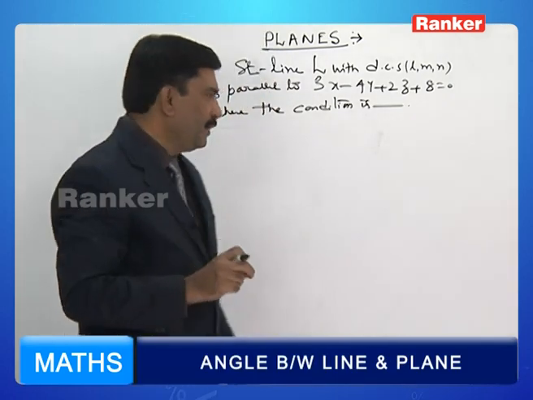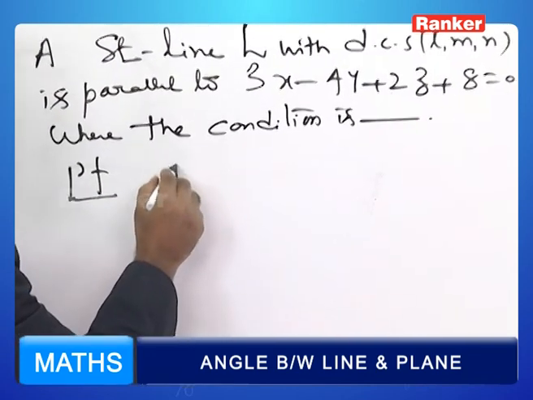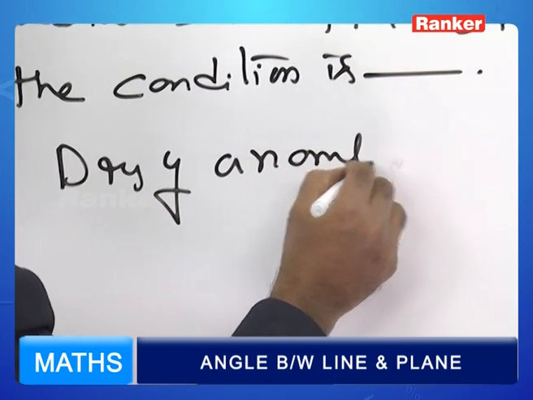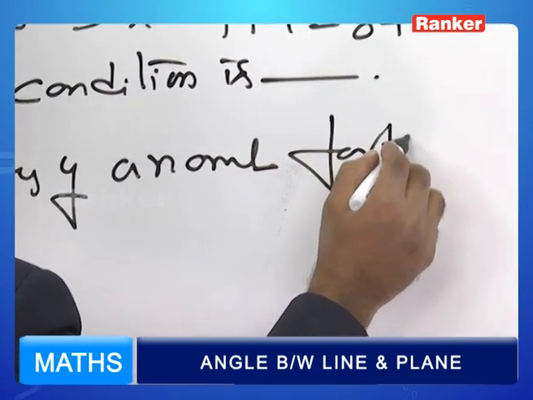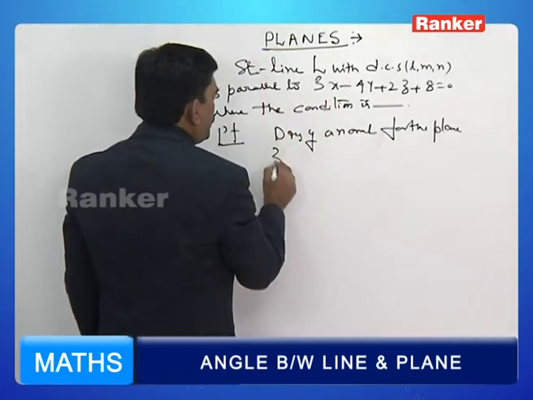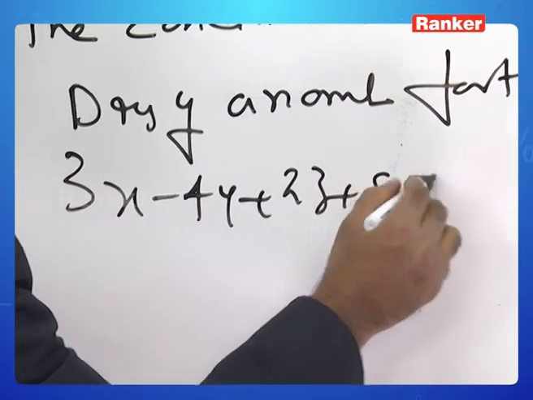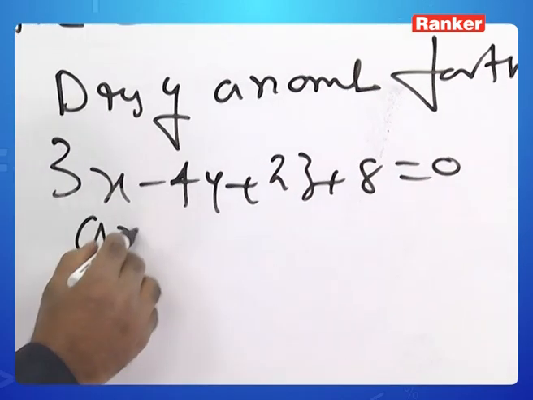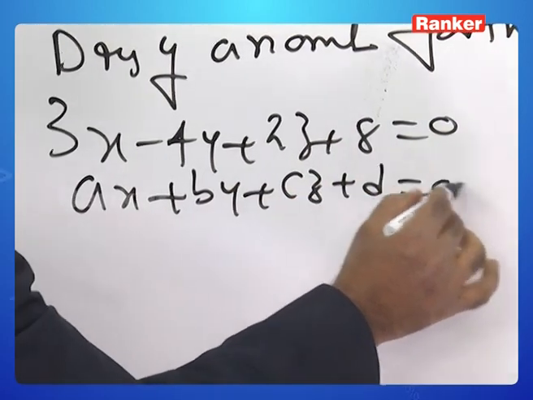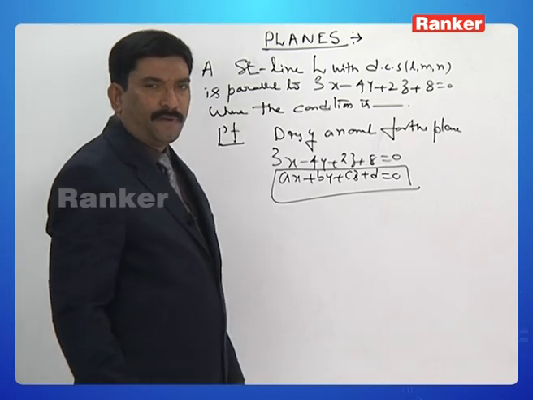So I can write that the DRs of a normal for the plane 3x minus 4y plus 2z plus 8 equals 0, which is in the form ax plus by plus cz plus d equals 0, followed?